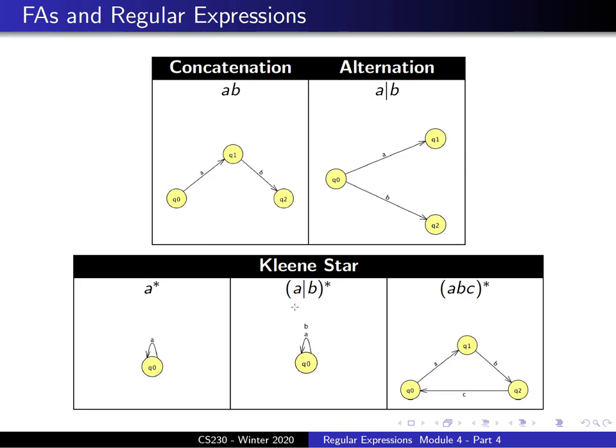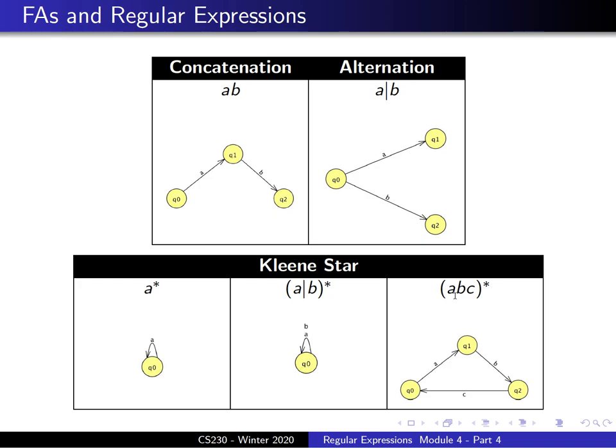So in this case, if I have A or B repeated, then I'm going to have a transition that will go either back on an A or back on a B. Note that this does not mean A is followed by B. So what would be valid here, what would allow me to move forward here, would be a whole bunch of B's with no A's at all, or BA, BA, BA, or ABB, ABB. All of those things would keep me in the same state.